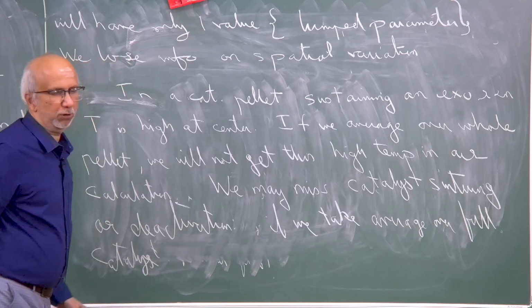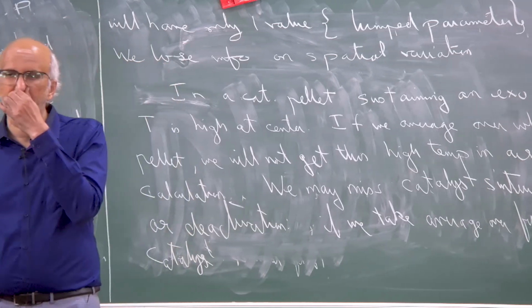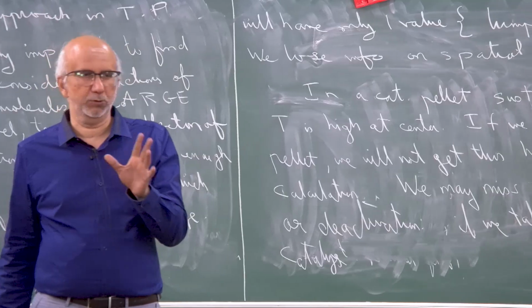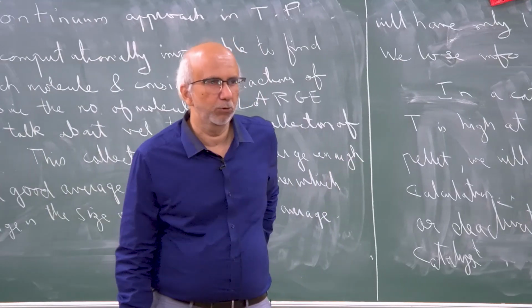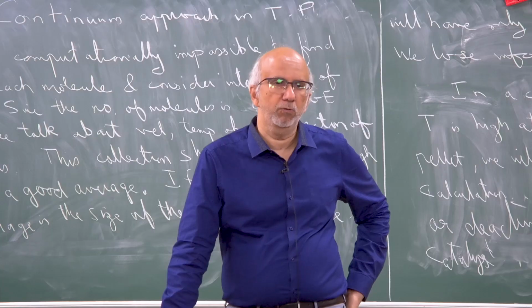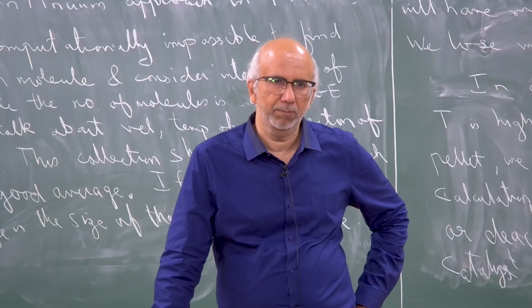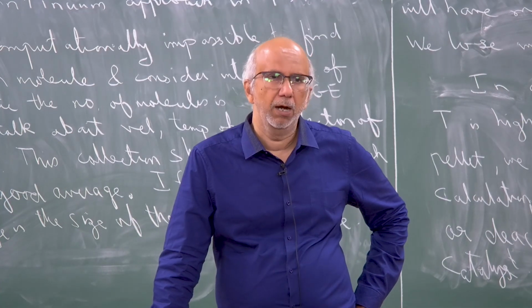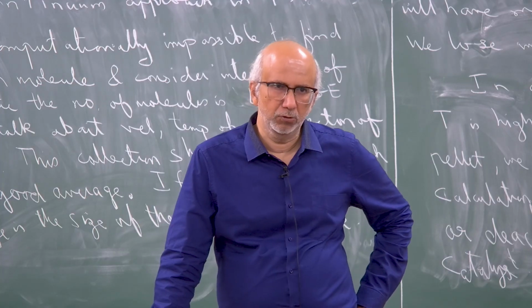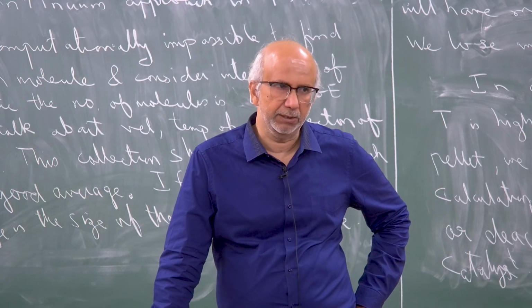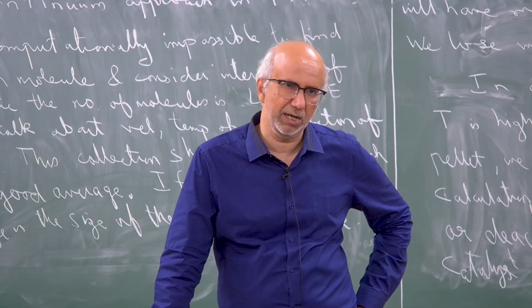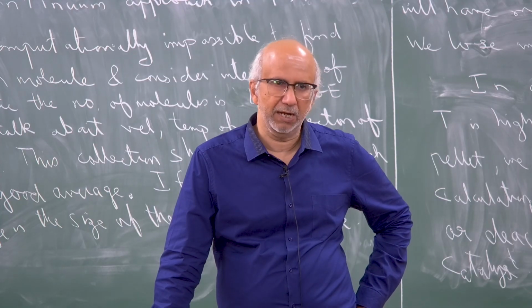I have spoken about velocity, temperature, whatever it is. What you are basically doing is finding velocity, temperature, etc. for a bunch of molecules, a sufficiently large number to get a good average, and you are talking about this average. This velocity is the average velocity, the temperature is the average temperature.